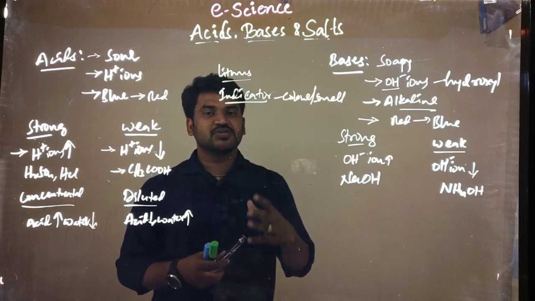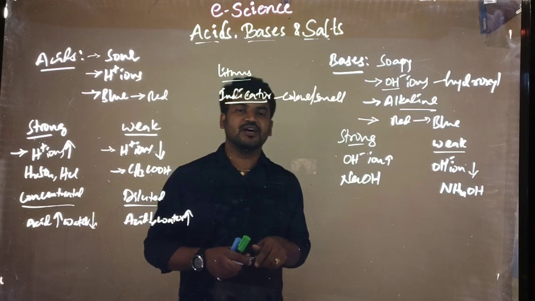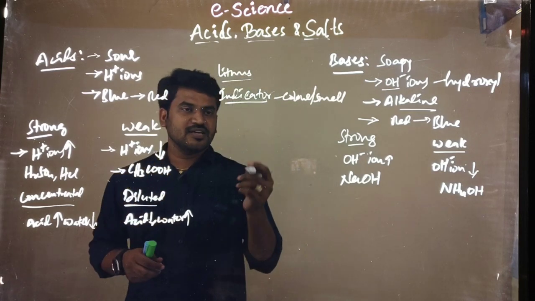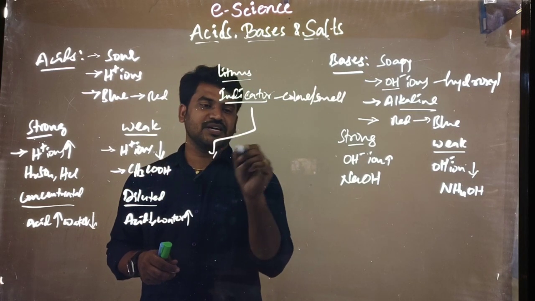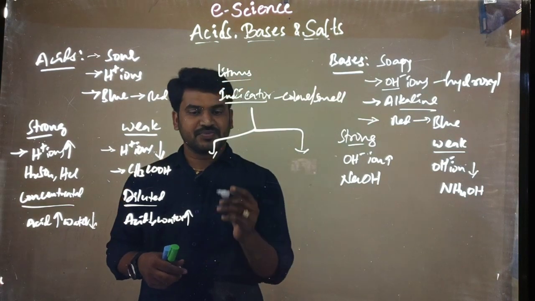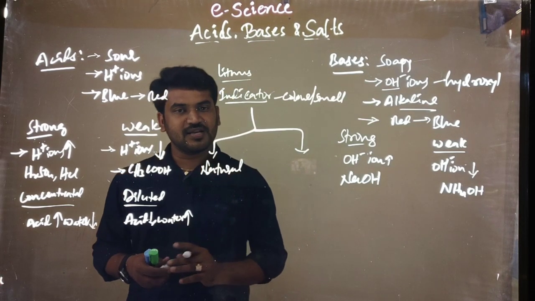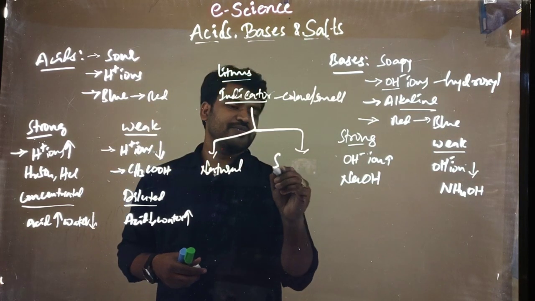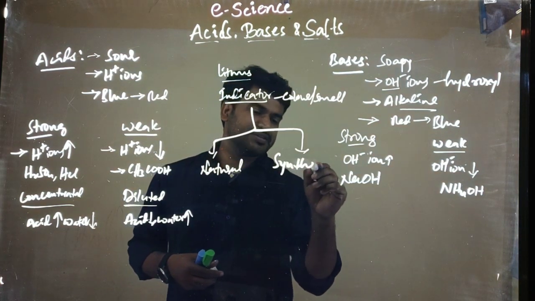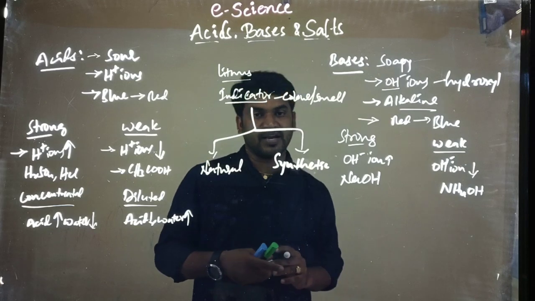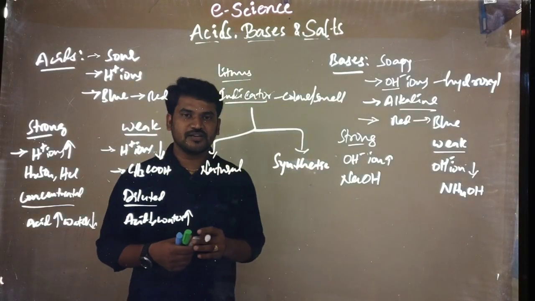They show some change, so they are called indicators. And these indicators are of different types, like natural indicators and synthetic indicators.